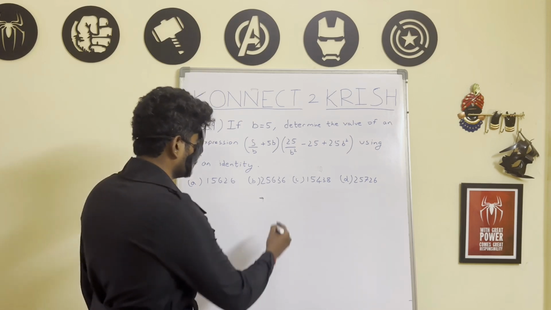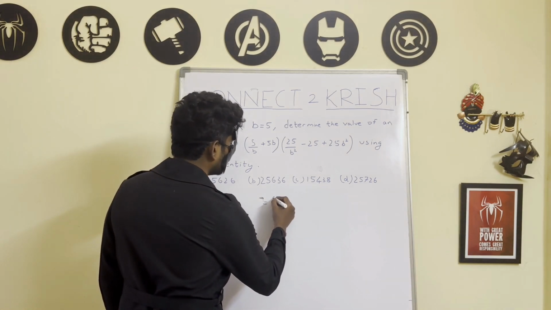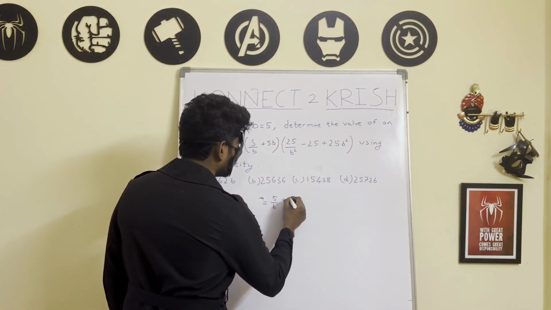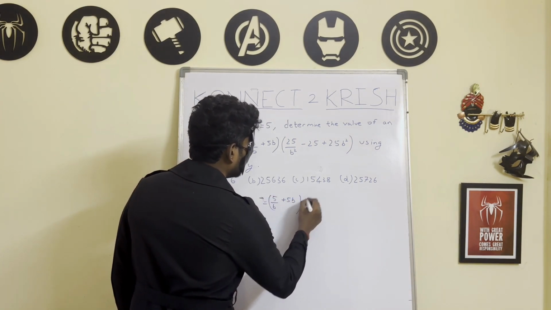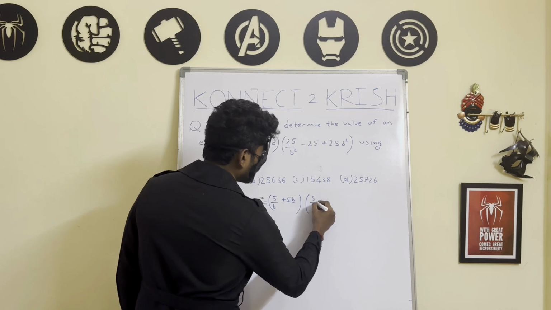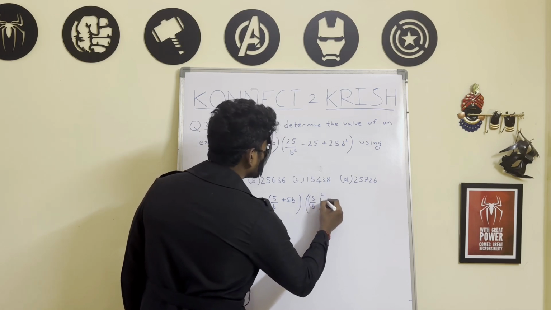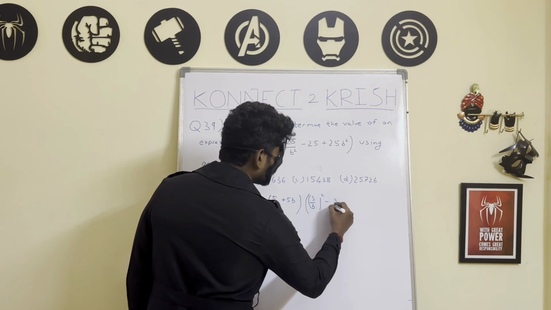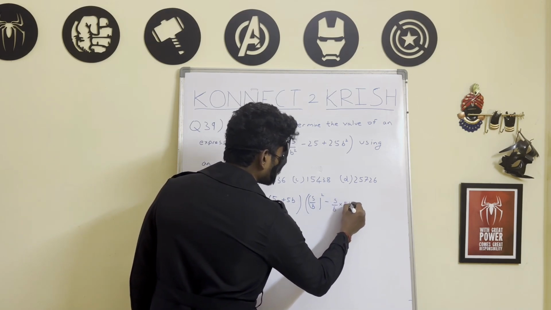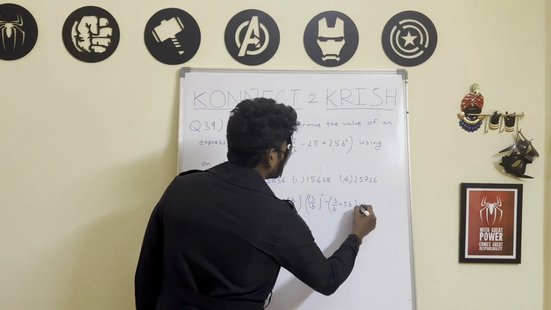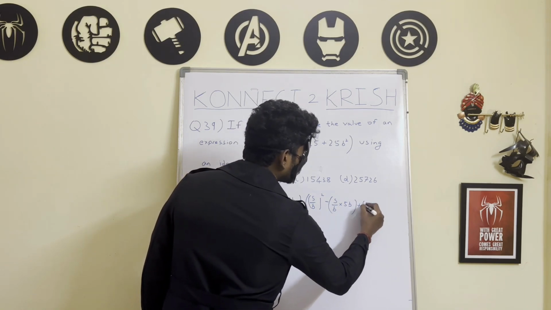Now how will we solve? This is in the form of (5 by b plus 5b) into, this 25 by b square I can write as (5 by b) whole square, minus this 25 can be written as 5 by b into 5b, plus 25b square is nothing but (5b) whole square.